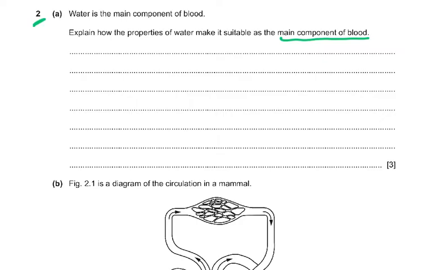Then it has high specific heat capacity, the amount of heat that must be added to 1 unit of mass of the substance to increase the temperature by 1 degree Celsius. Now, high specific heat capacity, of course, you've given the definition. That gets you a mark, but then if you tell me the temperature of the blood remains fairly constant and heat is dispersed throughout the body.